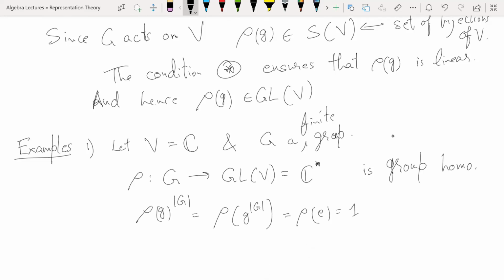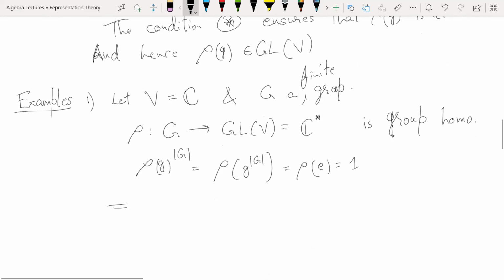So that tells us that rho G is a root of unity.